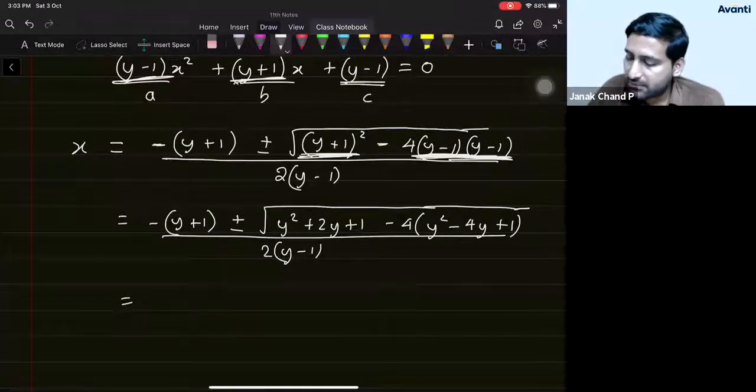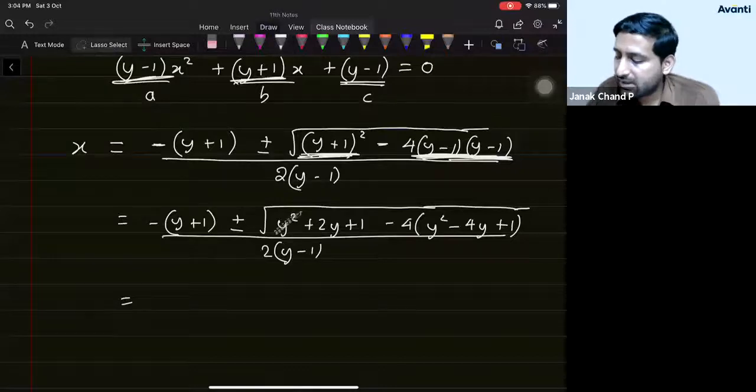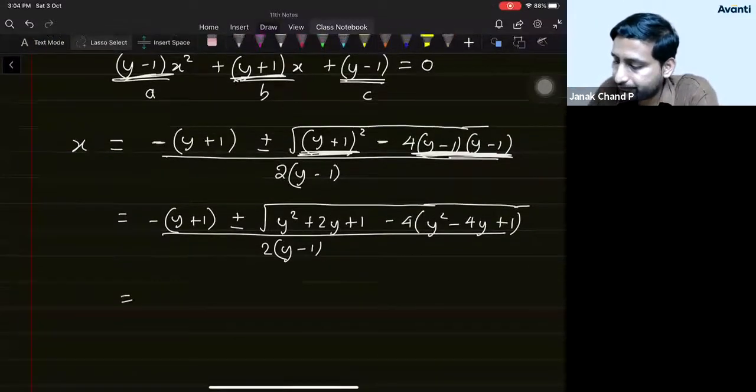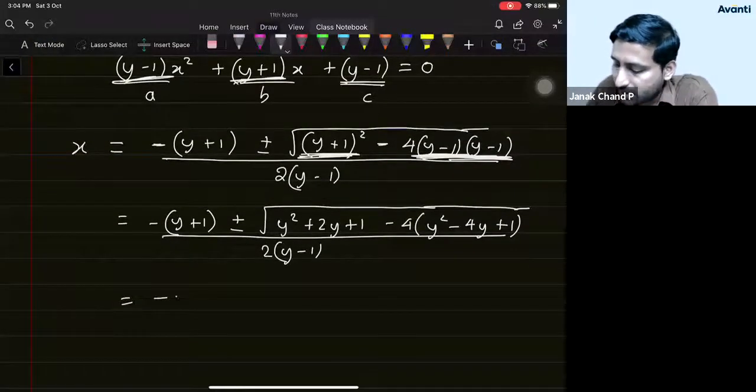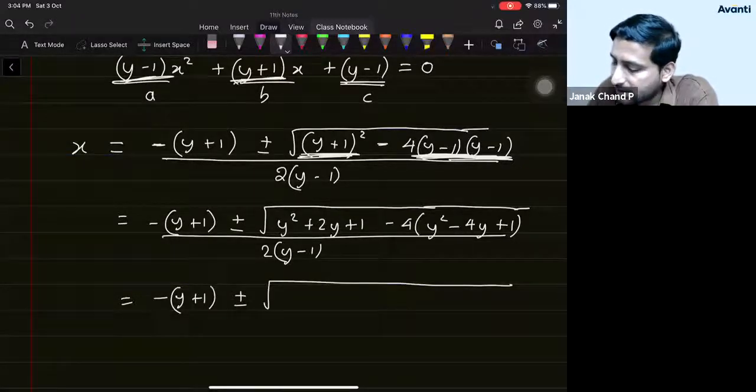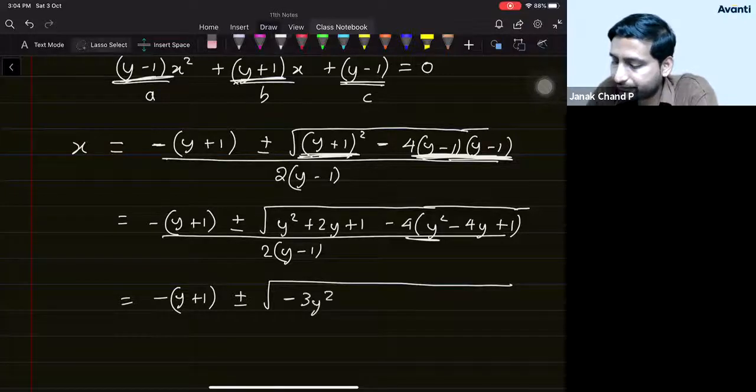Now, students, you just have to do the subtraction, right? We have y square minus 4y square. That will be equal to what, students? This will be as it is, plus or minus root of, right? I'm clubbing this y square with this thing. Okay. So what will I get? I will be getting minus 3y square, right?